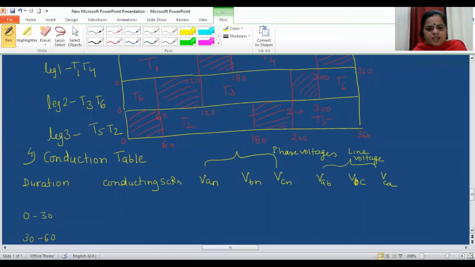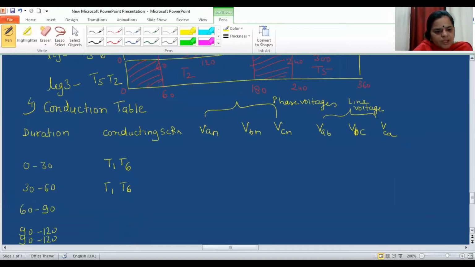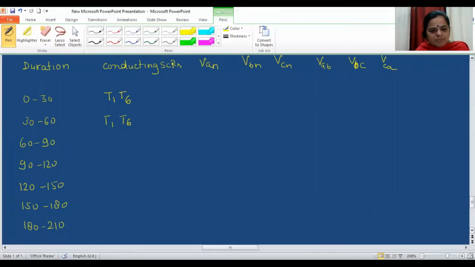You can see that from 0 to 30, which SCRs are conducting? T1 and T6. So what we are going to write? The conducting SCRs are T1 and T6. 30 to 60 also T1 and T6. But if we see 60 to 90, that is T1 and T2. So depending on the conduction diagram, we are supposed to write the conducting SCRs.